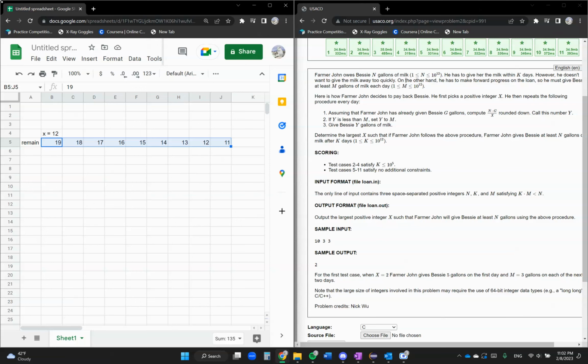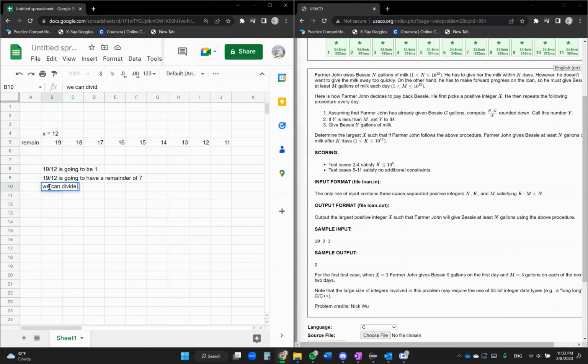Well, we notice that 19 divided by 12 is going to be 1, right? And this means that 19 over 12 is going to have a remainder of 7. Since it has a remainder of 7, we can divide the remainder by the rate at which this number is decreasing.